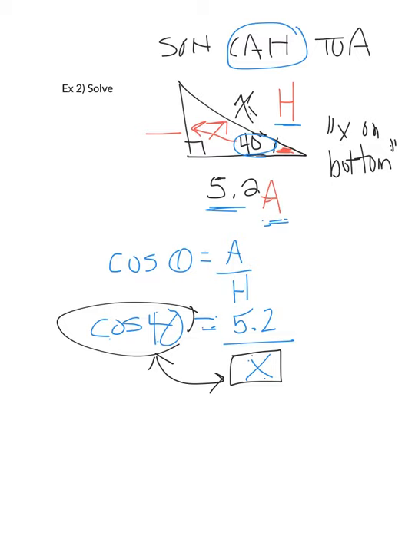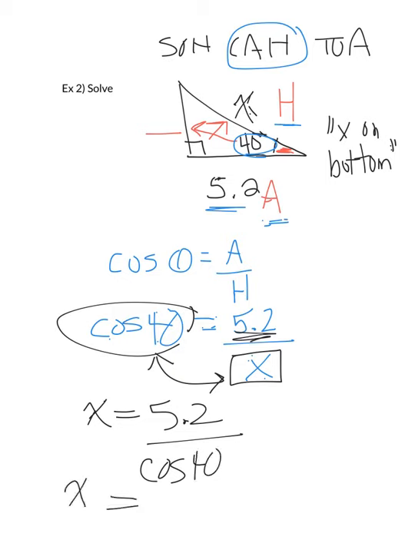So my next line, right away I can just go ahead and do that swap. The x is going to come over here. The 5.2 is going to stay exactly where it is, and the cos 40, the entire thing, not just the 40, the whole left side, cos 40 is going to go here.